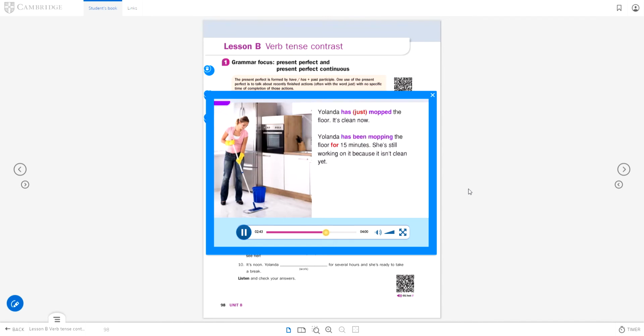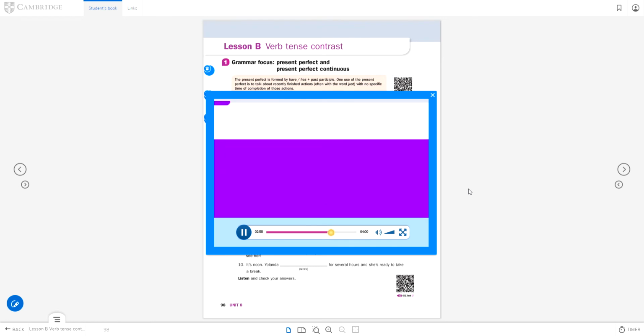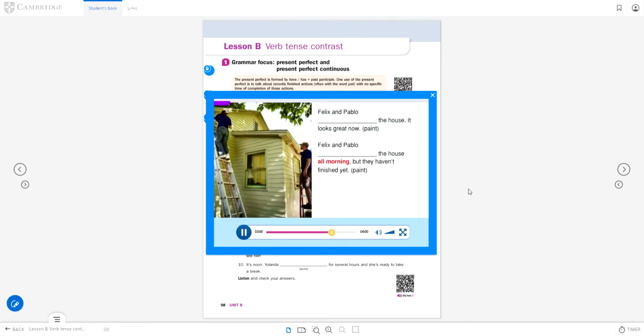Listen to the sentences. Yolanda has just mopped the floor. It's clean now. Yolanda has been mopping the floor for 15 minutes. She's still working on it because it isn't clean yet. Felix and Pablo have just painted the house. It looks great now.